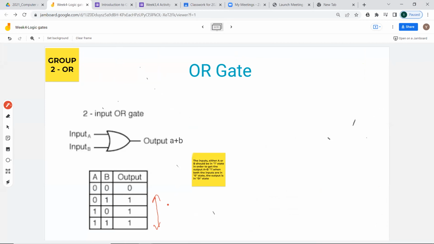And here in OR, this is just like addition: 0 plus 0, 0; 0 plus 1, 1; 1 plus 0, 1. And here we are not going to use 2. Instead, we say it is 1, right?